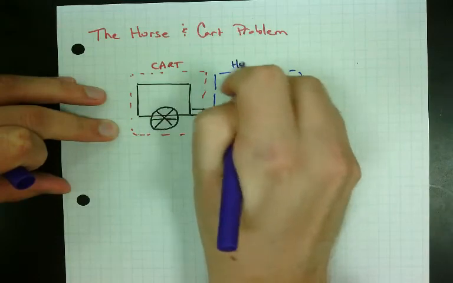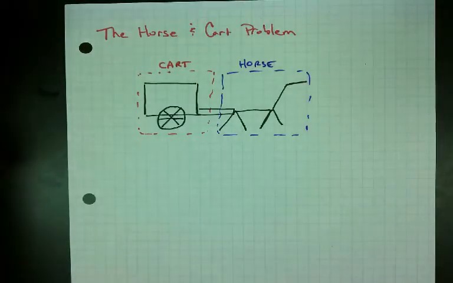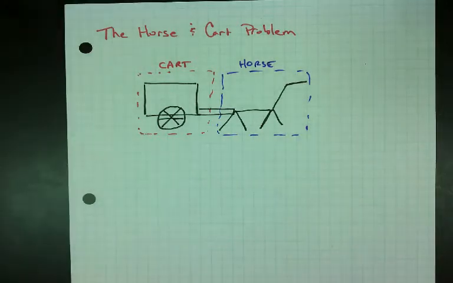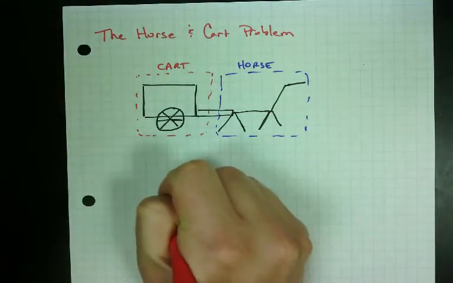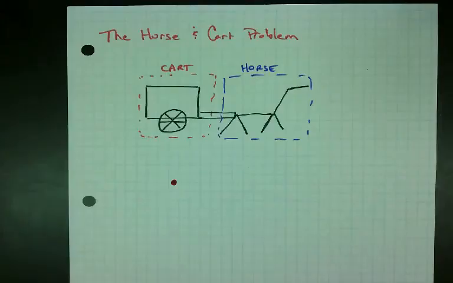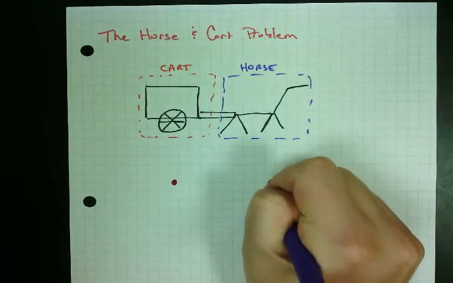And let's look at what is going on for each of these objects. I'm going to draw two free body diagrams, and I'm going to do some color coding on my notes that you may not be able to do on yours, but I just think it might be helpful. So this is going to be my free body diagram for the cart system, and this is going to be my free body diagram for the horse system.